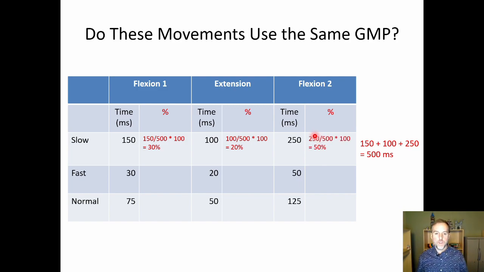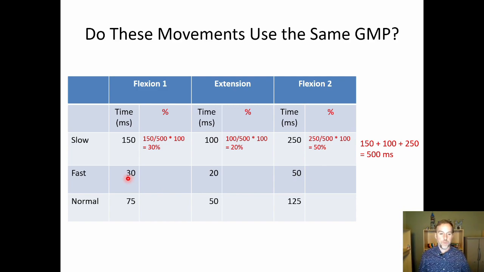One quick check you can do here is that if you take these 3 percentages and add them together, they should give us 100. So 30 plus 20 plus 50, yep, that's 100. If they don't, we've done something wrong. So now we just need to do the same thing for the fast movement. So we calculate our total movement time, and I tend to use easy numbers that aren't going to have a lot of decimal places.